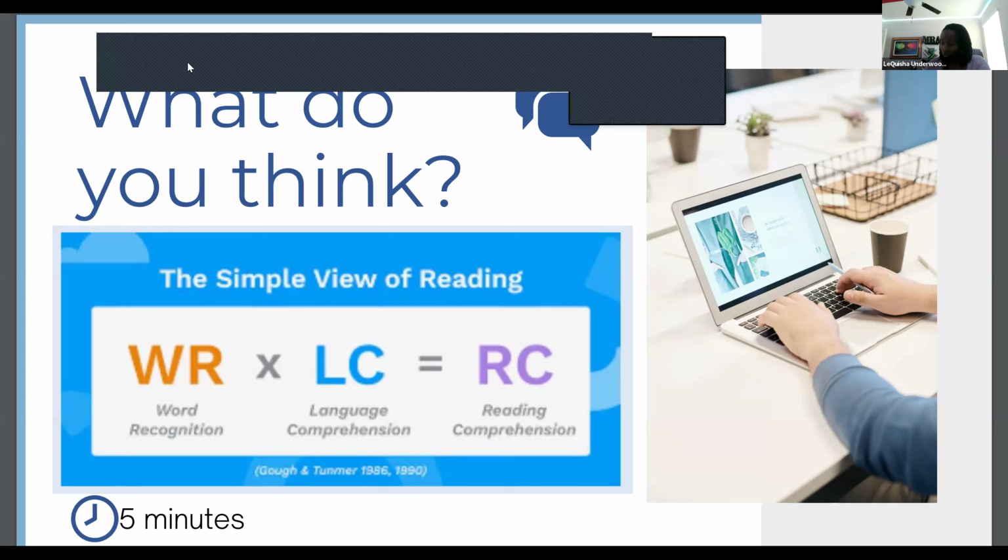I'm also seeing something like, this goes against a lot of what I was taught in educator prep. I'm seeing a lot of questions about where something like a developmental reading assessment falls with this simple view, and I will address these things in further slides. So just about 2 minutes left.